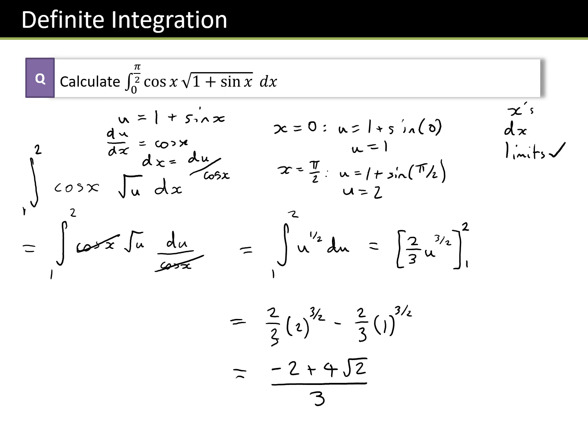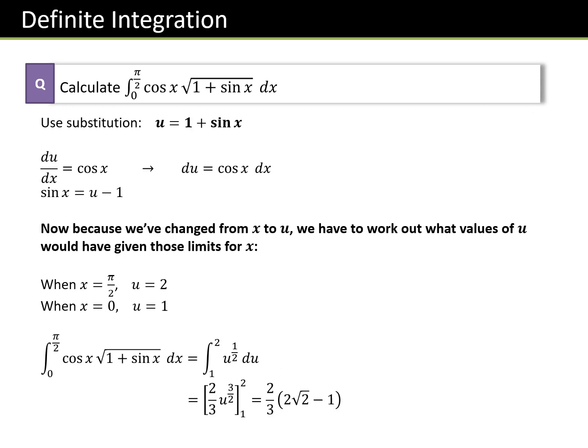Or minus 2/3 plus 4/3√2, it's however you want to say it. Okay? So, that's definite integration. The only difference between definite and indefinite is the limits. And remember to change the limits. Okay, and all that's happened here is they've factorized out the 2/3.